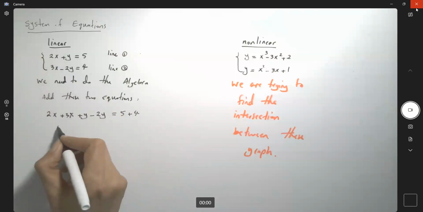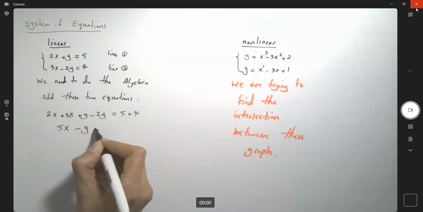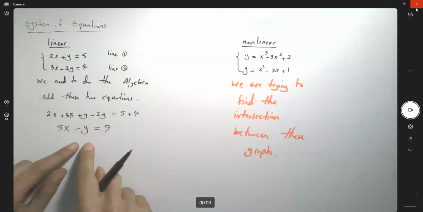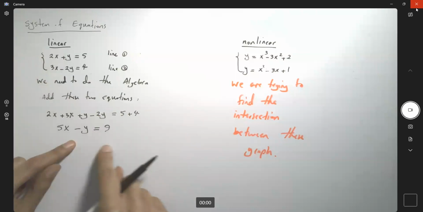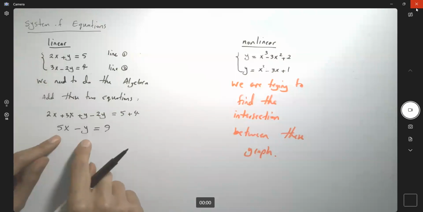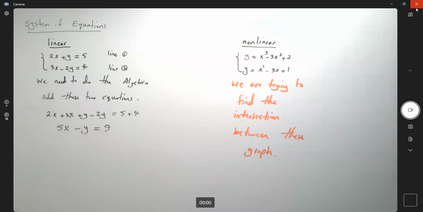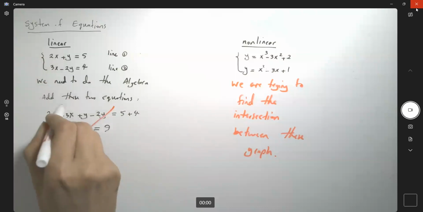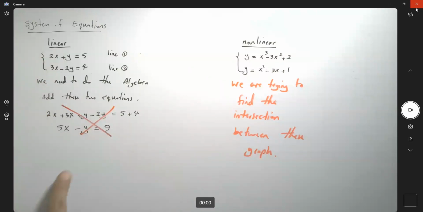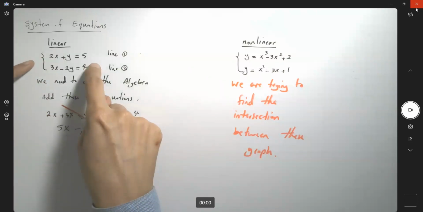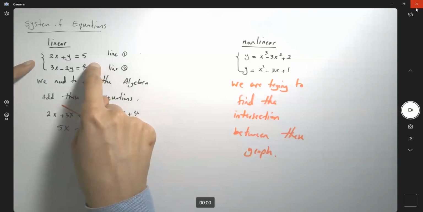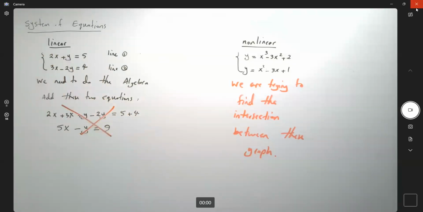Just take a look at this. I have 5x minus y equals 9. It created a new equation for me that has two variables. I don't want this. This is not what I'm looking for. I try to add these two equations and get rid of one of the variables.